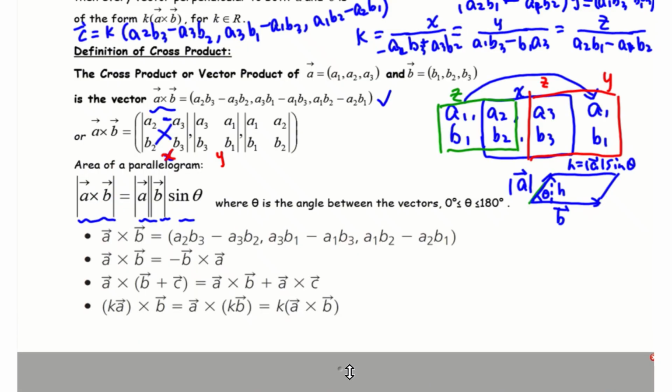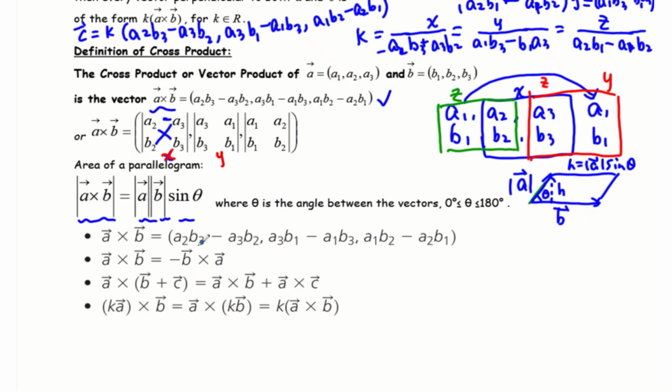And the bottom part has some formulas you could use right away. A cross B is this one. It's hard to memorize, so use this matrix, and I will show you another way to memorize it. And if we change the direction, A cross B versus B cross A: if we wrap our hand from A to B, our fingers rotate from A to B, then our thumb will face inside.